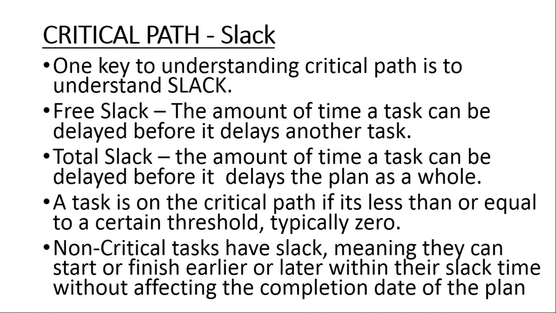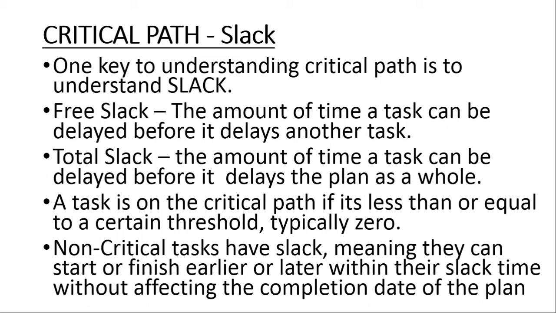You might think, how do we determine if a task is on the critical path or not? A task will be on the critical path if its slack is less than or equal to a certain threshold, and that threshold is usually 0. In other words, this task does not have slack.